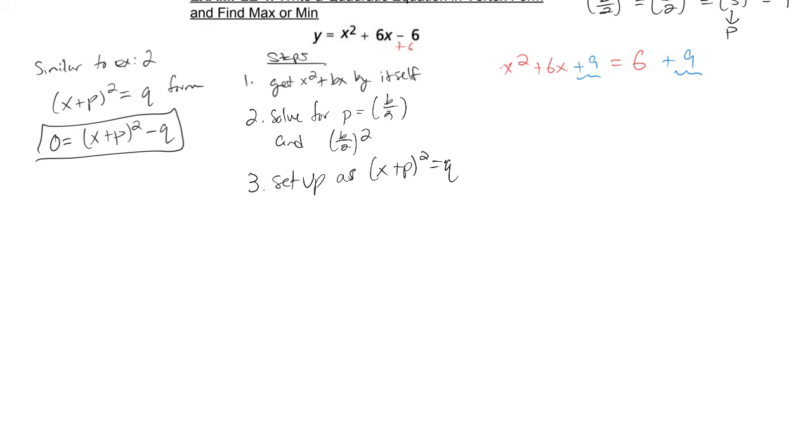So we have (x plus 3) squared, is equal to q, which is 6 plus 9, which is 15. And the only difference between this and example 2 is we want to put it in vertex form. So we're going to subtract q to the other side.